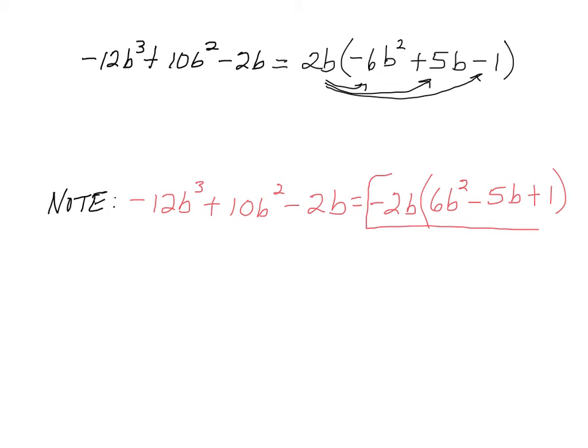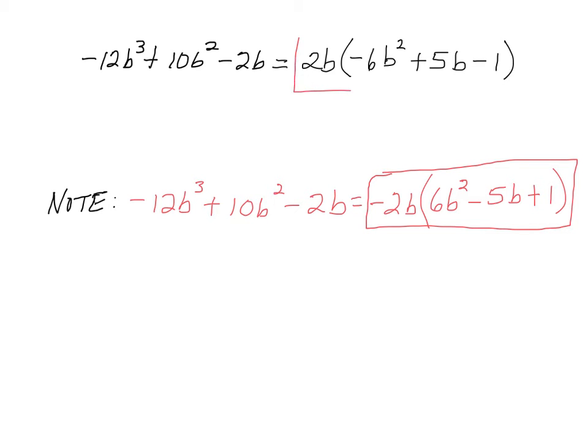Now, believe it or not, this answer and our original answer that we got in the first problem are both correct. Okay? But you have to recognize that they're both correct.